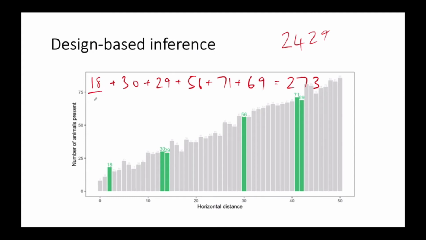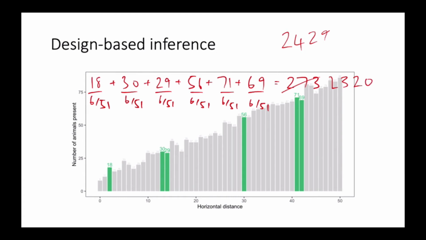If we take our observed counts and divide each of them by 6 over 51, the inclusion probability, we land up with a design-based estimate for the total number of animals in the area, 2,320. This is much closer to the true answer.